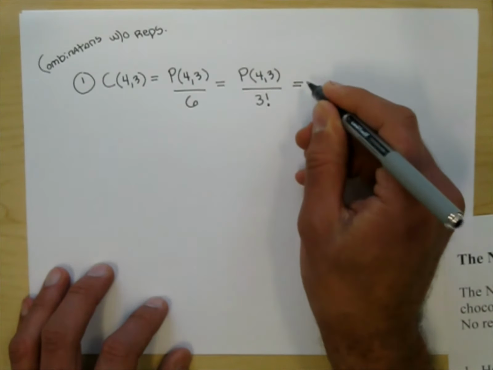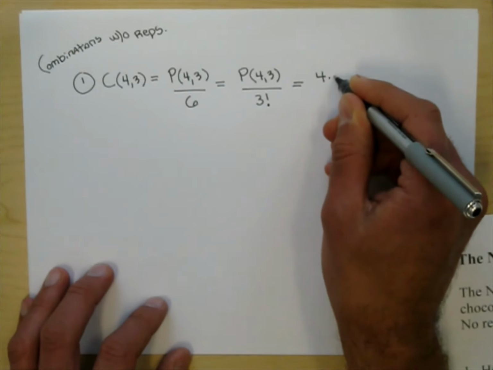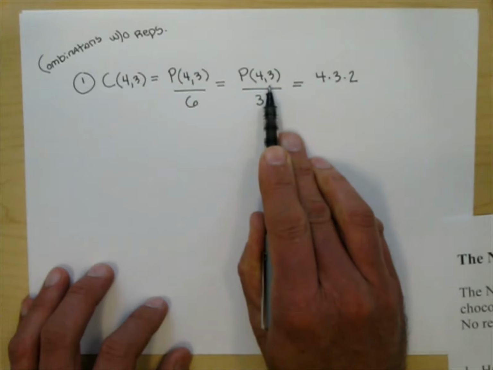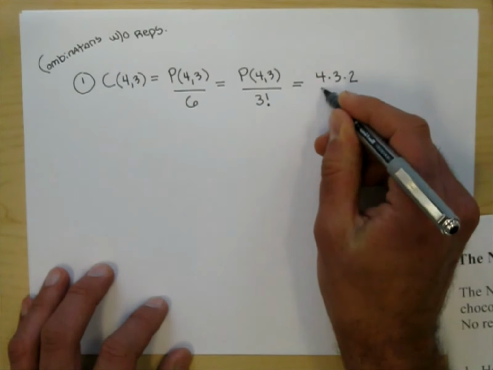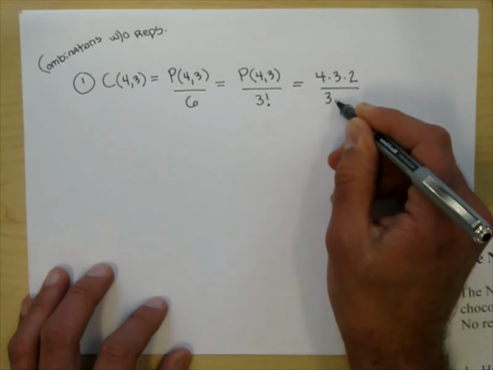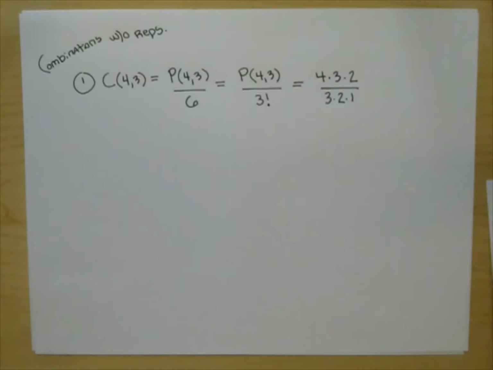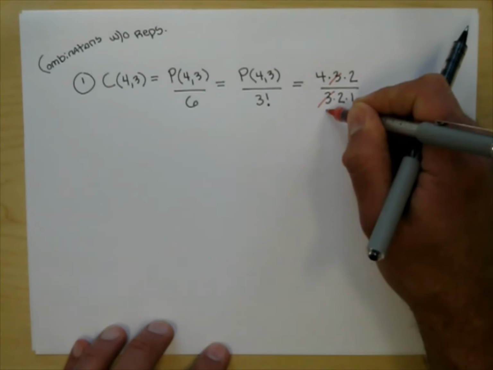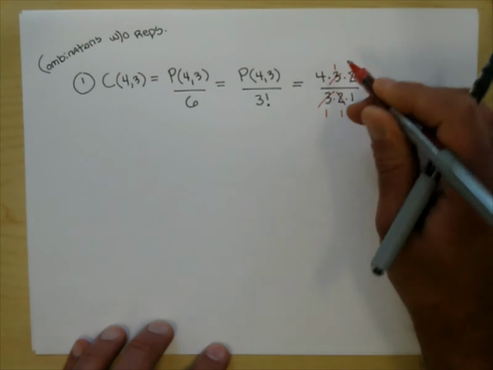So what is 4 pick 3? 4 pick 3 is 4, 3, 2. The countdown starts at 4 and there are 3 numbers in the countdown. And what is 3 factorial? Well, 3 factorial is 3, 2, 1. Does anything cancel? Yeah, the 3's cancel, there are 1's there, and the 2's cancel, there are 1's there.